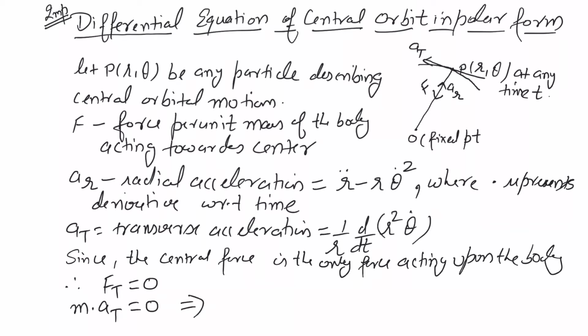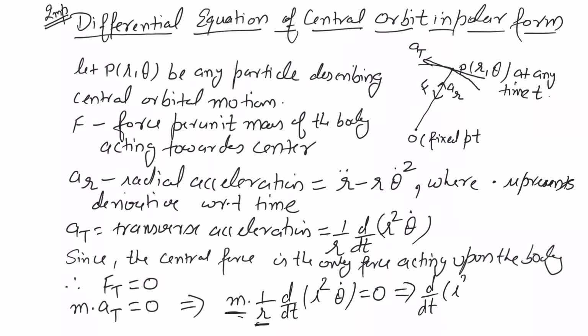This implies that m, and I am going to put the value of a_t from the above equation, 1 by r d/dt of r square theta dot equal to 0. This implies that, since m and 1 by r cannot be 0, d/dt of r square theta dot equals 0.